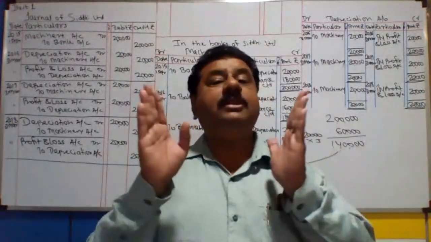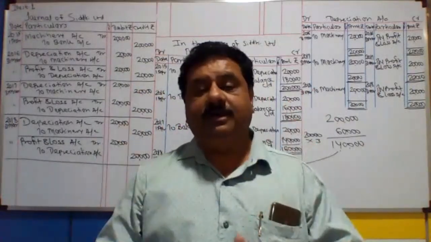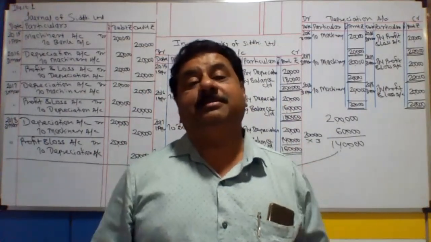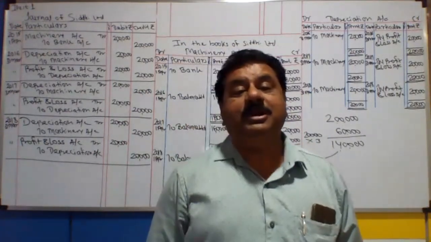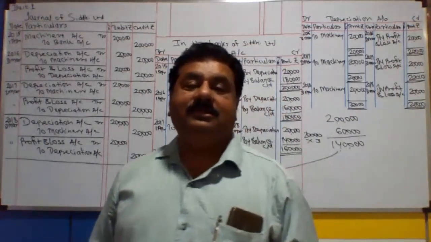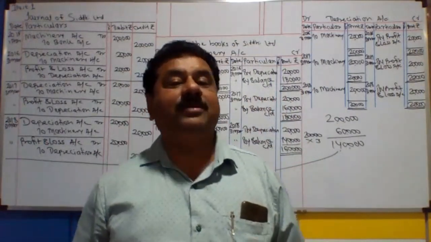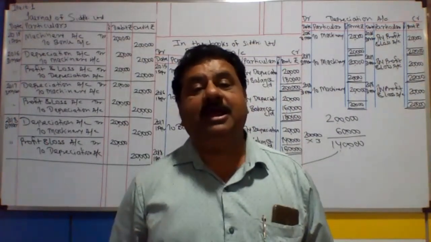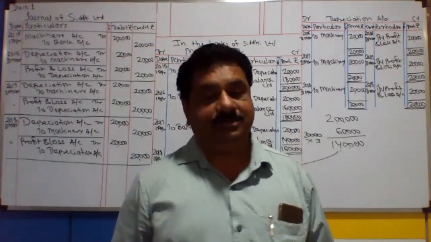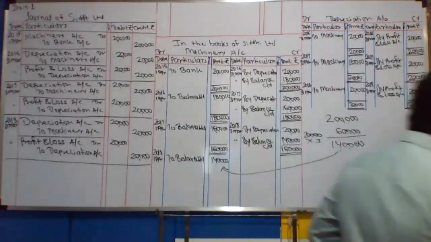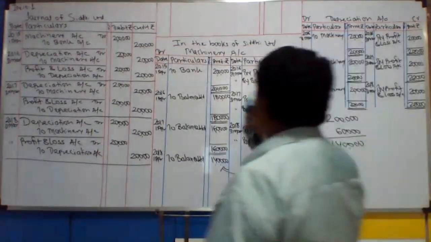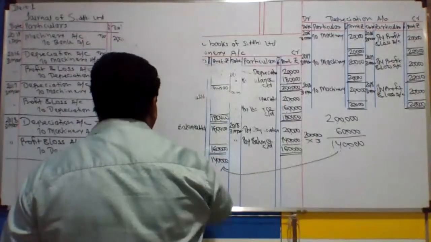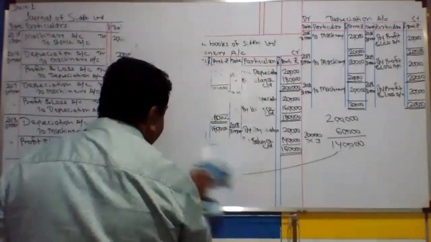Okay. Now for this problem, first of all, let us calculate depreciation. Okay. When the percentage of depreciation is not given to you, you need to apply the formula. That is the cost of asset minus scrap value divided by estimated life of an asset in number of years. Okay. चलो चालू करते हैं. So I am writing here somewhere. So let me wipe it out to make you understand the things properly.